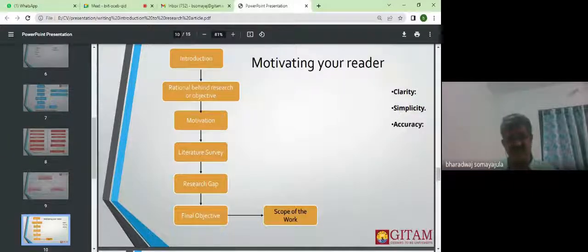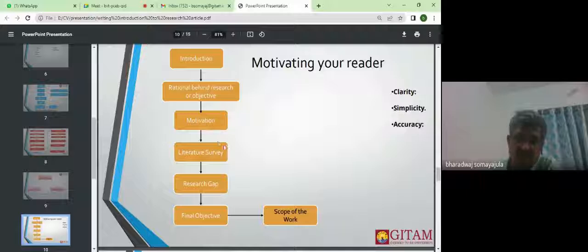While writing the introduction, again, I'm emphasizing that there should be some rationale behind your research. That comes into picture once you complete your results and discussion. Once you complete your results and discussion, automatically the motivation will be there in your mind.